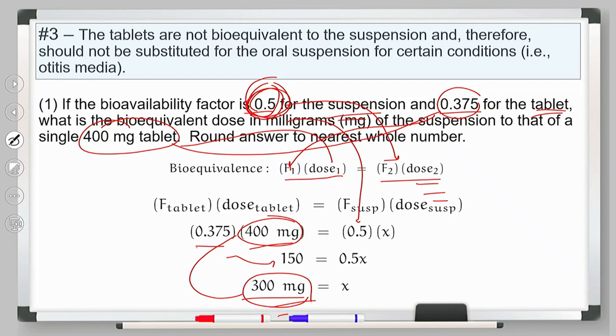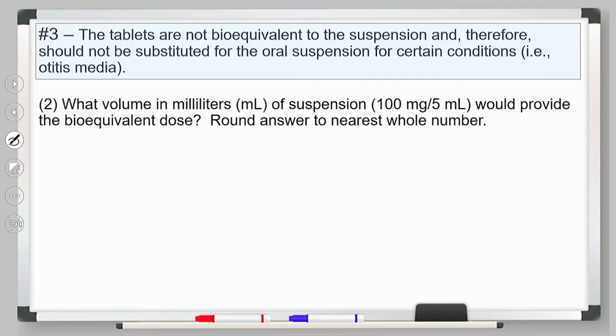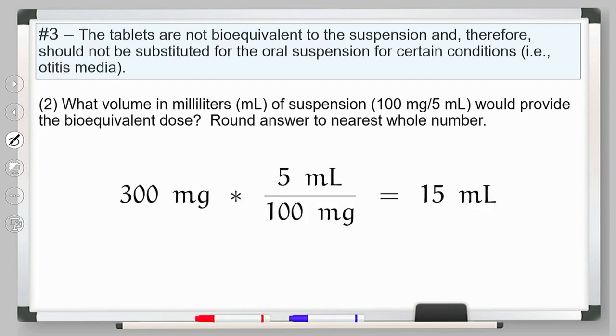The bioequivalence, you're trying to make one equal to the other. So now, this is easy breezy. What volume of suspension do you need to provide that bioequivalent dose? We said we needed 300 milligrams. Because it's 300 milligrams, you just divide by the concentration provided here, which means multiply by 5 mL over 100 milligrams.